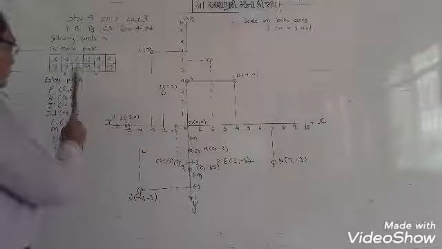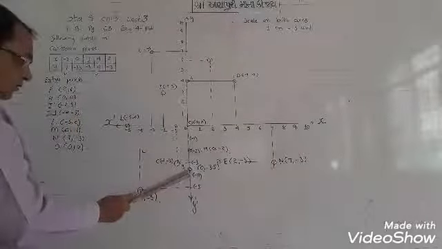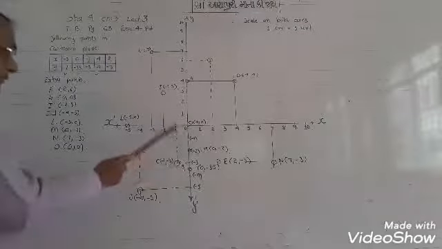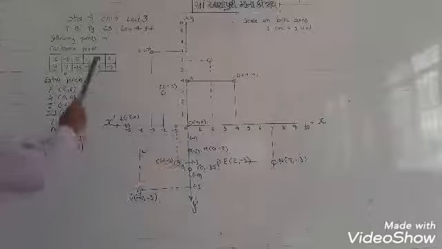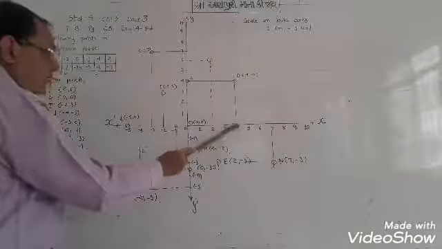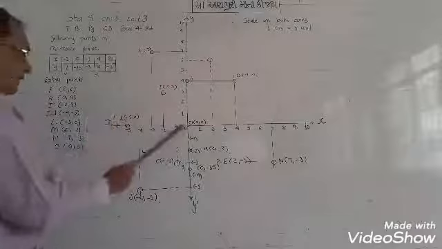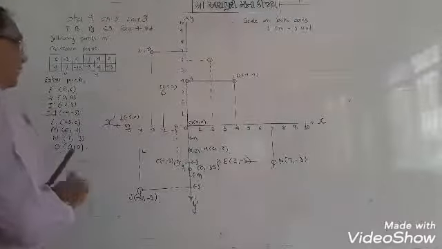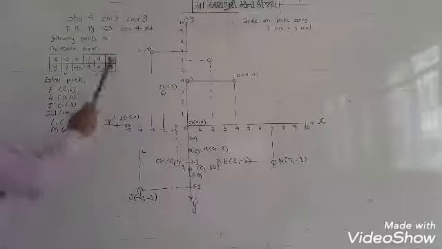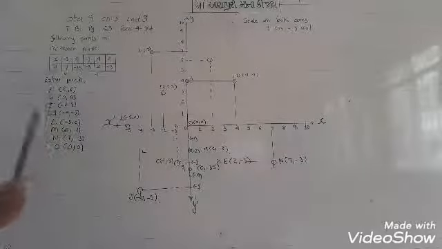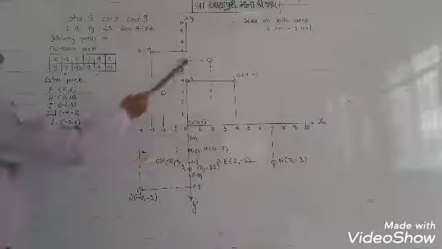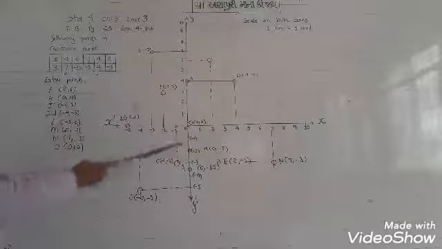0 -3.5, -1 -3, 4 4, that is 4 and +4, 2 -3, that is 2, that is -3. Then I have selected some extra points. 2 6, that is 2 and that is 6. 0 4.